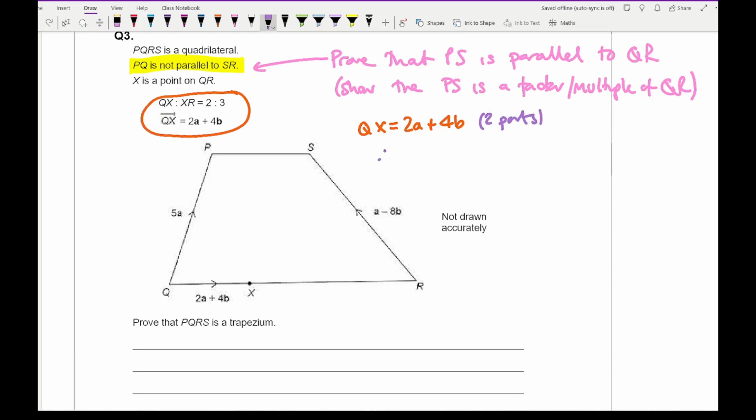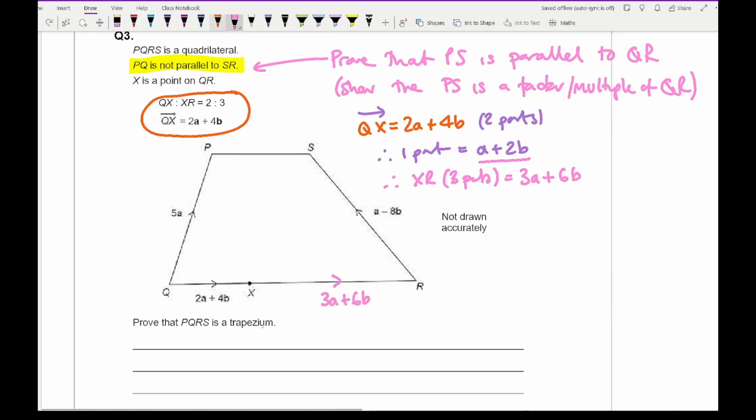So therefore, one part is going to be this vector divided by 2, so that's going to be A plus 2B. So therefore XR, which is equal to 3 parts, is going to be 3 times this, which is going to be 3A plus 6B. So I can then write this statement here as 3A plus 6B.